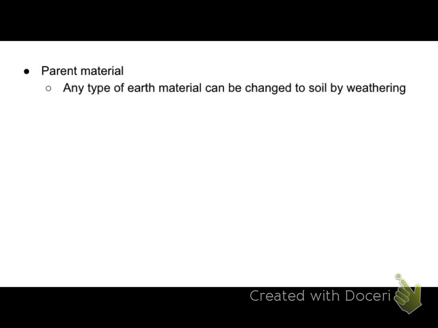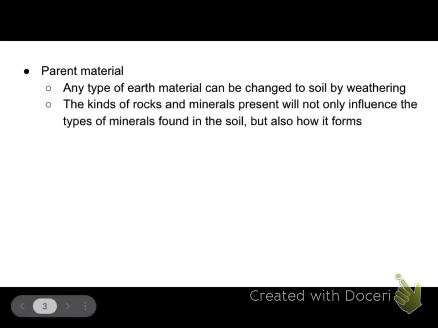Okay. Any type of earth material that you find on the earth can be changed into soil by weathering, but it is easier to do it for some than others. And what type of rocks and minerals are present in the parent material will influence what you find in the soil and also how easy it is to form the soil.